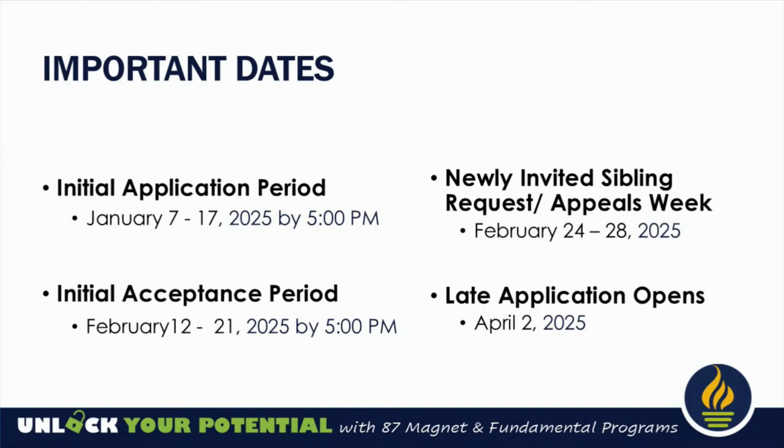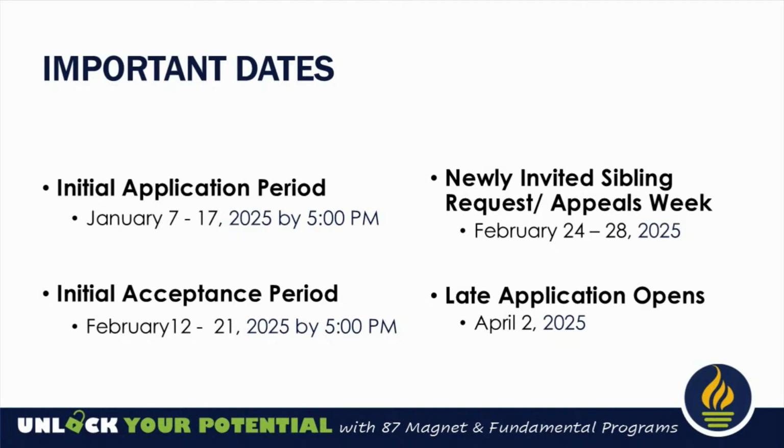After that, beginning February 24th, that week is what we call Newly Invited Sibling Request and Appeals Week. So what that means is, let's say you submitted two applications for two students and one got an offer and one didn't. So let's say you're applying to Madeira Beach Fundamental, your kindergartner gets an offer, but your second grader does not.